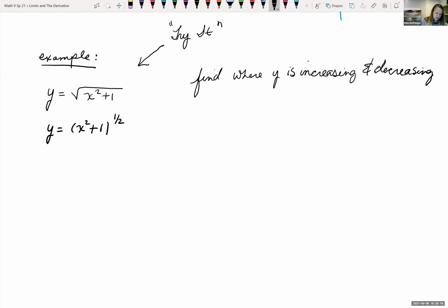So we're going to take the derivative of both sides. So derivative of y, another way to write that is y prime is equal to, we're going to need to use our chain rule here. So bring our power down front, the derivative of the outer.